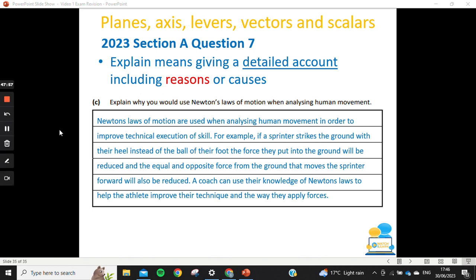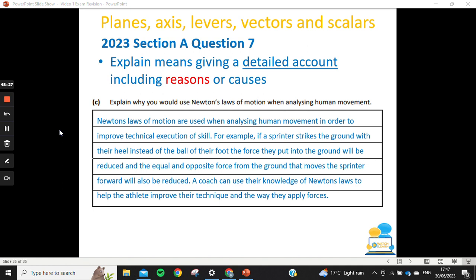We also know that if the sprinter contacts the ground with their heel instead of the ball of their foot, then they're not going to apply the right amount of force into the ground, which is going to reduce the amount of force that is coming from the ground back up into the foot, as we know that for every action there's an equal and opposite reaction or an equal and opposite force.